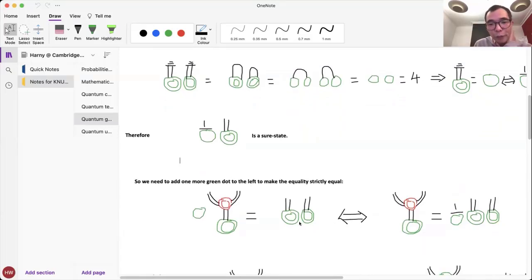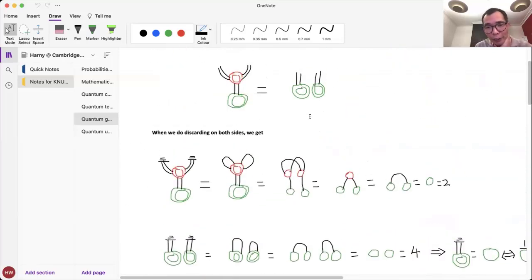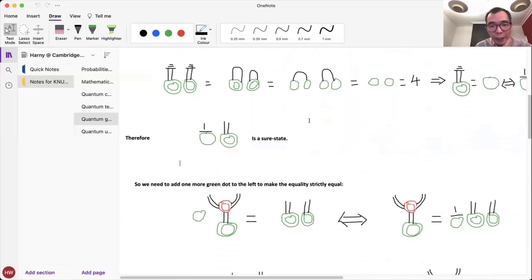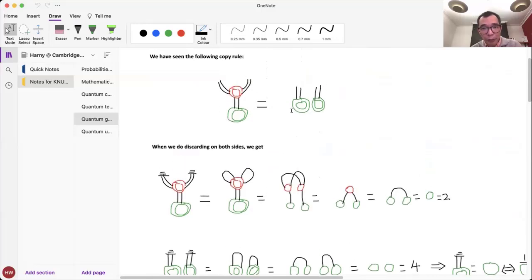So to make this strictly equal, we just need to add this green circle here, because this is 2, this is 2, this is 4.